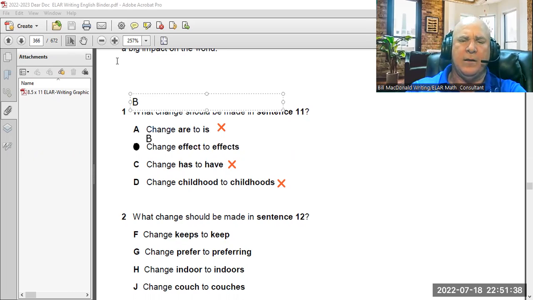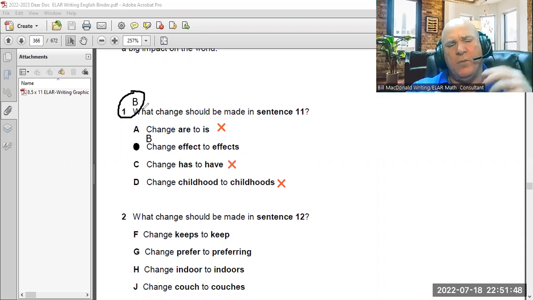And the idea is that the one B that you're going to select in your book has to match the one B that you're going to select in the Scantron. So that's doing one together, and I recommend that you do that.